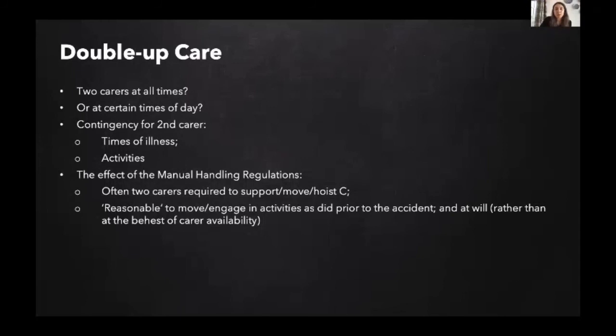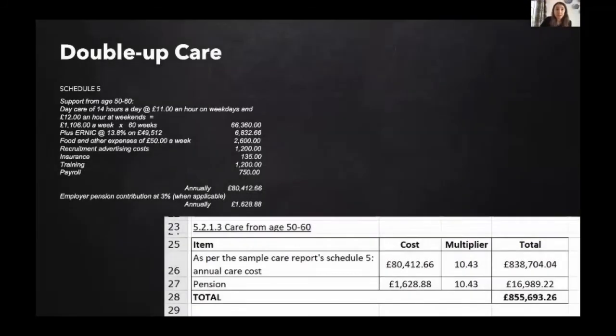Thanks, Ben. And on the next slide, we've got Penny's particular example from age 50 to 60, when her care expert has advised she will need some double up care. So Anna, do you want to just explain how you worked this bit of the schedule out, which is Penny's phase from age 50 to 60?